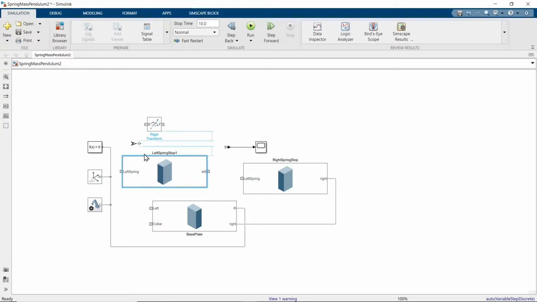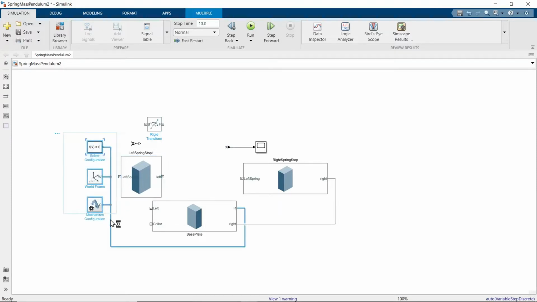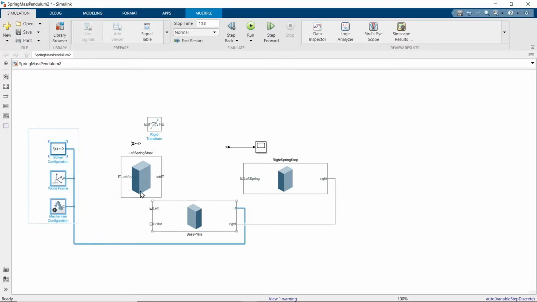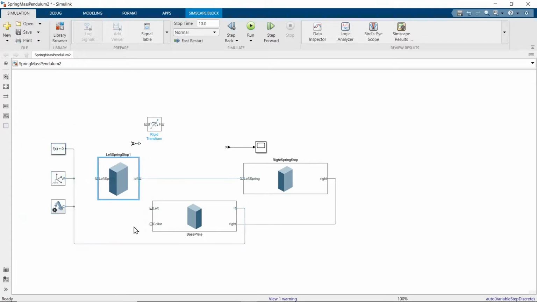Okay, let's move these away from each other a little bit. There we go. And let's flip this with a Control R. Let's call this left spring stop and right spring stop.